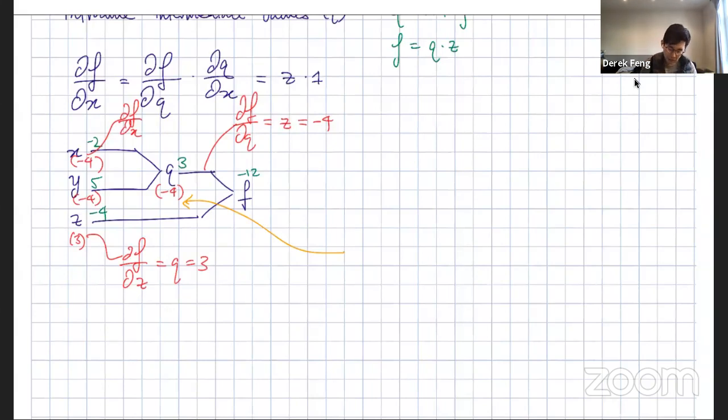If the derivative of that is going to be equal to 0, then this red number here is going to be 0, and then everything to the left of this graph is also going to be 0. So you're not moving it in any way.